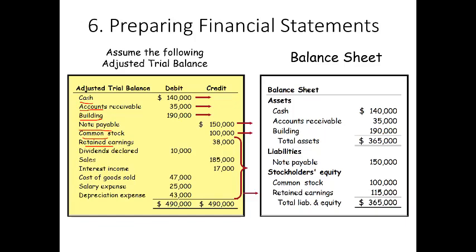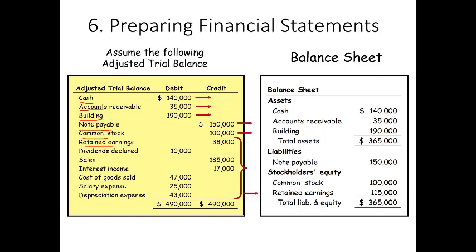But the first few, again, are just assets and liabilities. Equity is made up both of retained earnings and some permanent accounts in equity, common stock. And also, we have updates to retained earnings based on our net income, our changes in financial position. So that's going to be summarized in your statement of retained earnings.